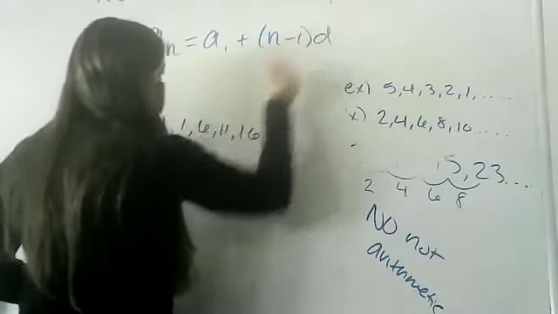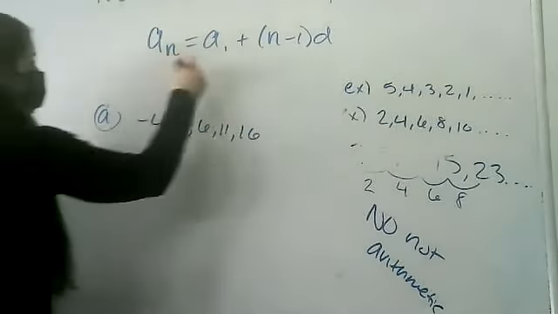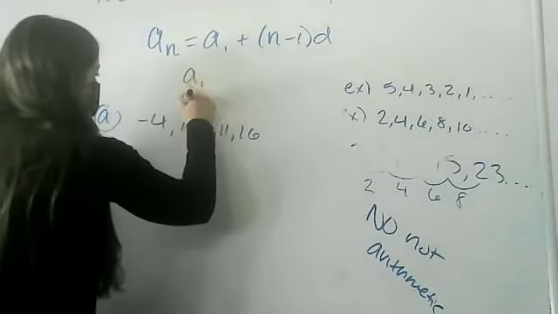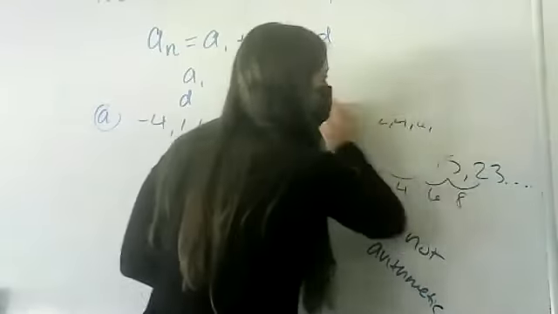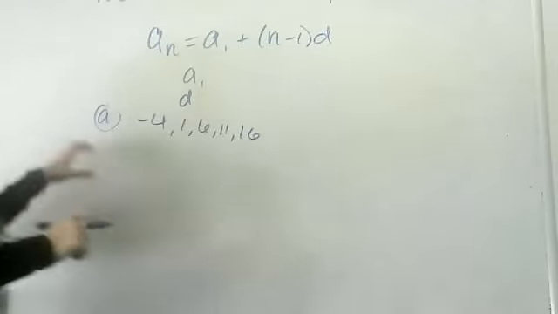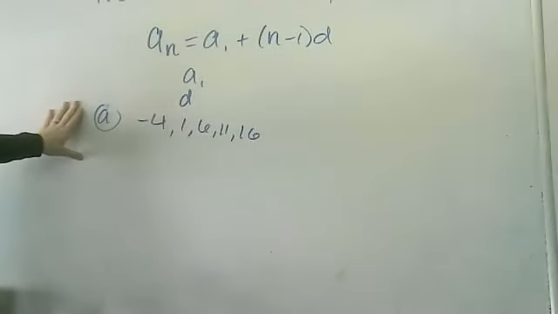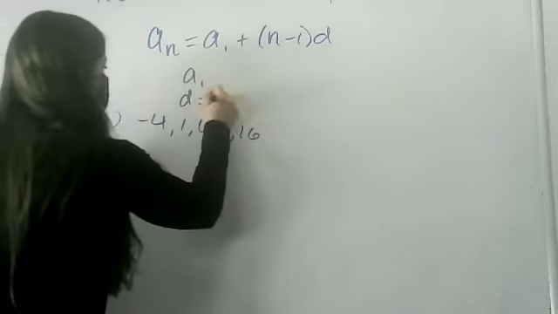minus 1 times d. So there's two things that you need to know here. The first one is a sub 1. The second one is your d value. If we use the sequence that we just got done talking about, we know it's arithmetic, right? You already proved that to me. What was your difference? 5, good.